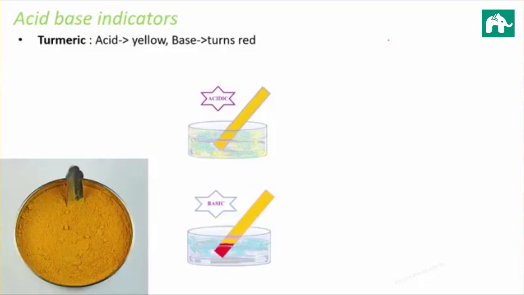Now, if you prepare a turmeric strip, it is yellow if the solution is acidic in nature, and it turns red if it is basic in nature. So you would see that often if you mix something which has a base, because a lot of substances that we use for cooking have a base, right? If you mix those substances with turmeric, you would notice a change in color.